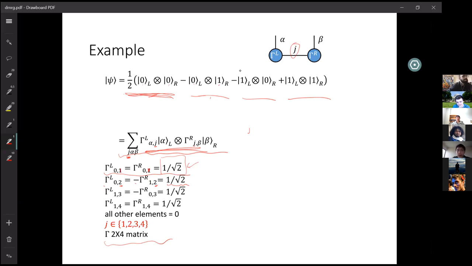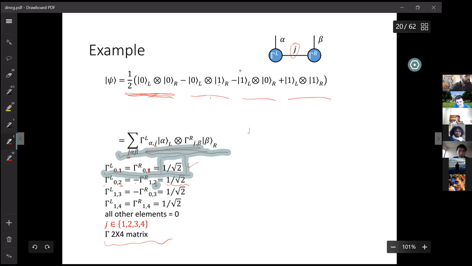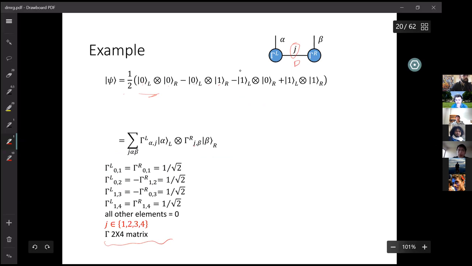I can do this for all four terms, and in the end I end up with a matrix product state which has an internal bond dimension D prime equals 4, with J equals 1, 2, 3, 4. So gamma is basically a 2x4 matrix.